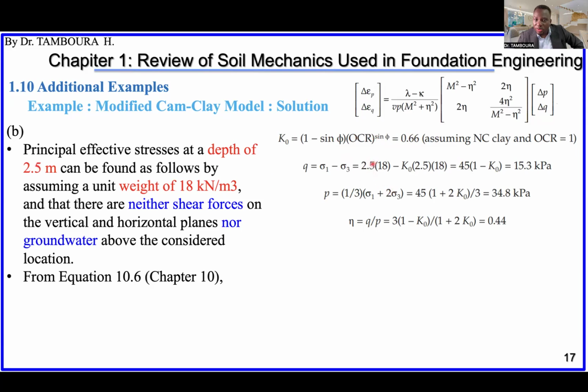So 2.5 multiplied by 18. And now we use this K naught to obtain the horizontal stress. And as I say, the horizontal stress will be considered as sigma 3 in this case.